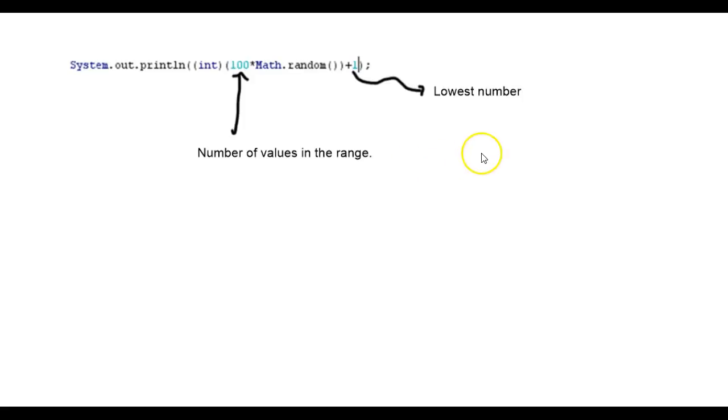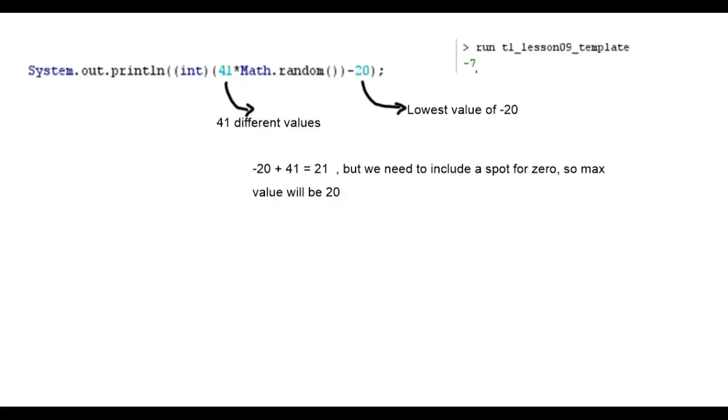The lowest number would be 0, so in that case, we would not add 1. We'd want to just multiply by 101. So by picking the different values, we can come up with different ranges.